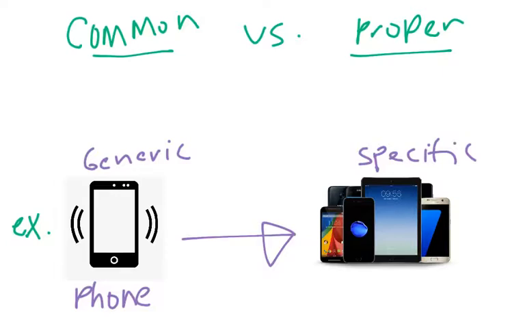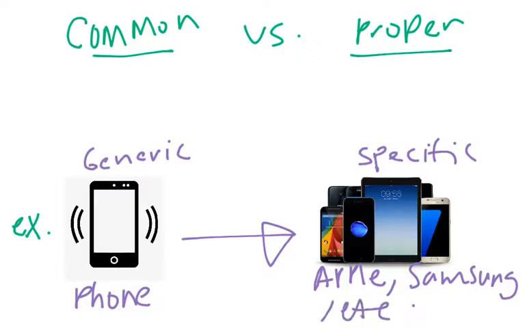So here, this is not just a phone, but we could call it Apple phones, Samsung phones, Android phones, and the like. So this refers to a more specific type of phone.